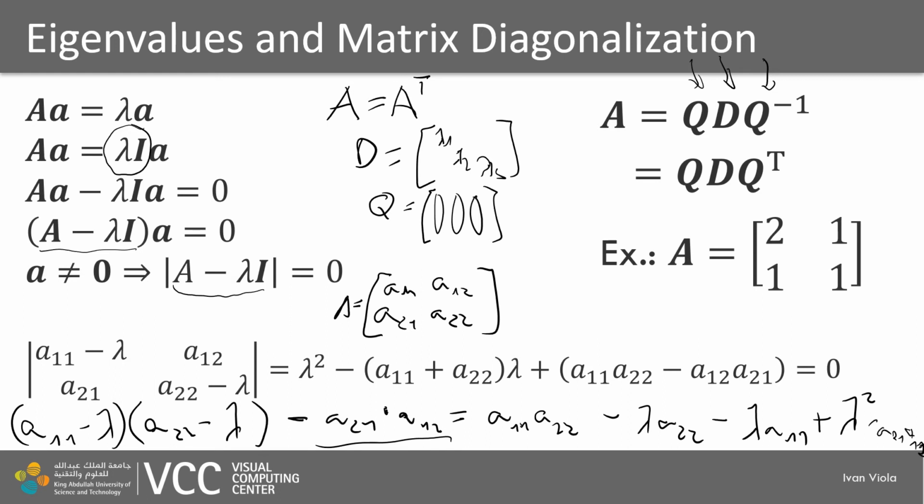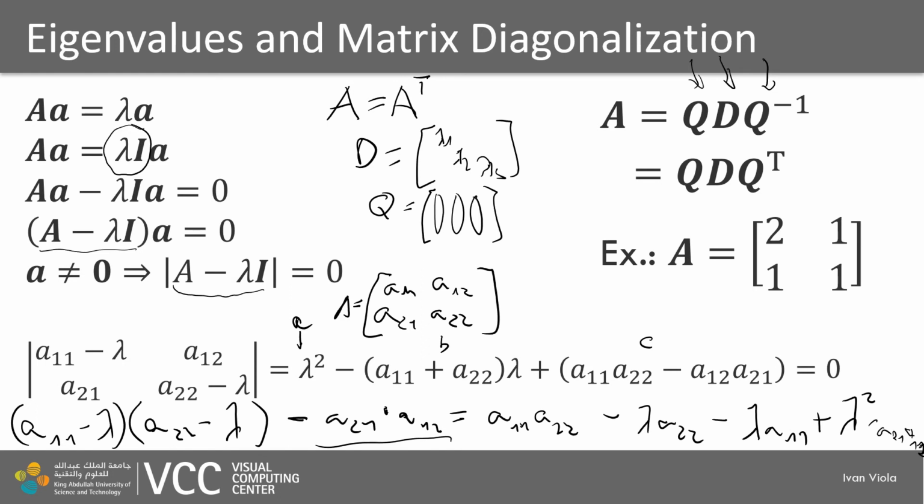So essentially, in the quadratic equation, this is the term a, this will be the term b, and this will be the term c, and we are searching for the roots. And we know how to calculate the roots of a quadratic equation: minus b plus minus square root of b squared minus 4ac, divided by 2a.